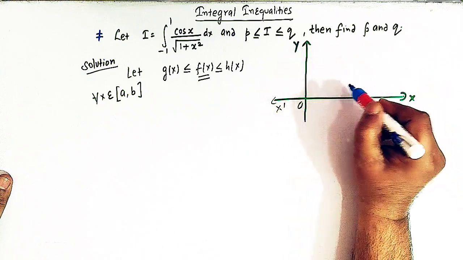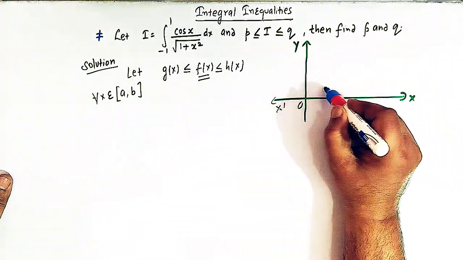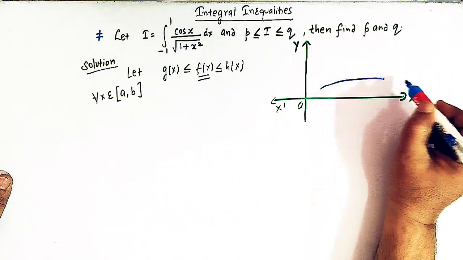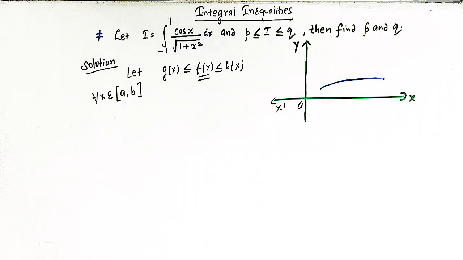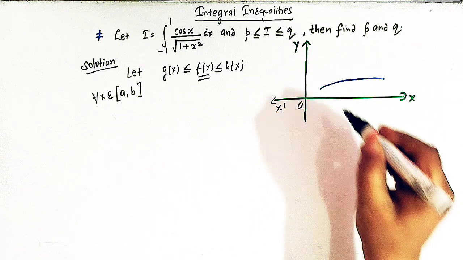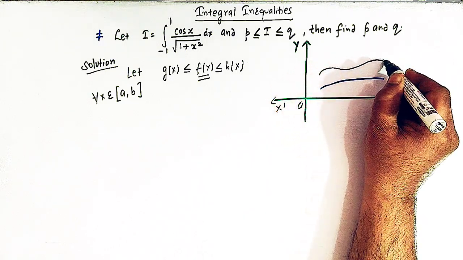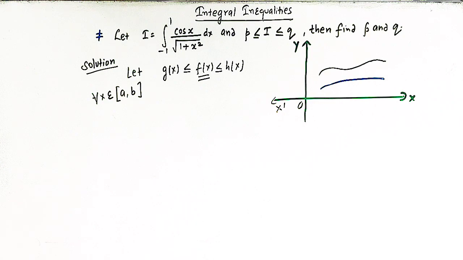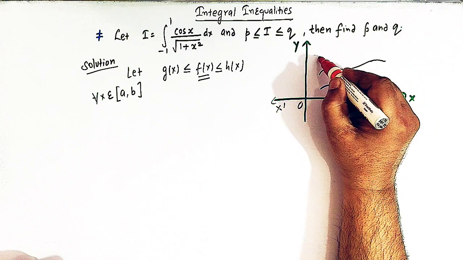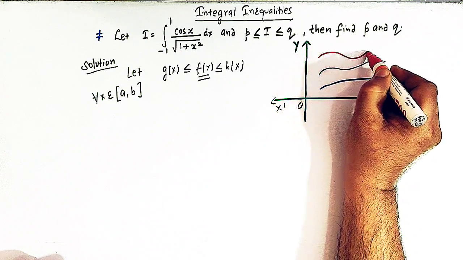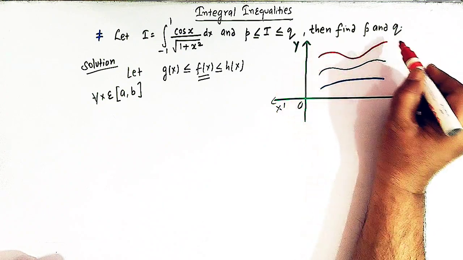Let us take the first function g of x like this, then f of x looks like this, and then h of x like this, right?